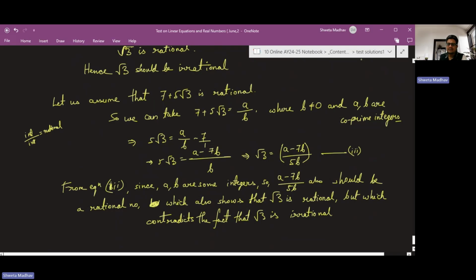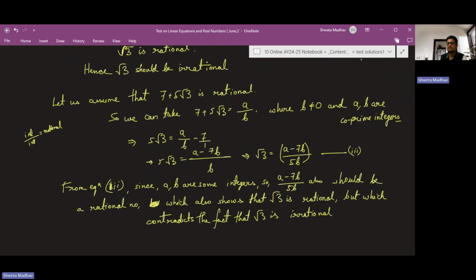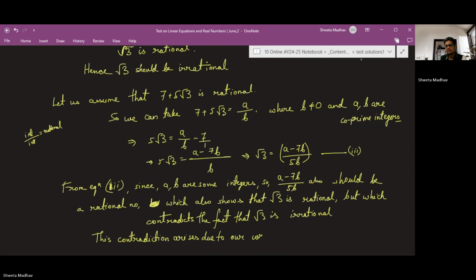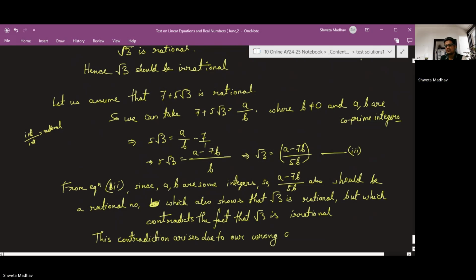And this contradiction arises due to our wrong assumption that 7 plus 5 root 3 is rational.